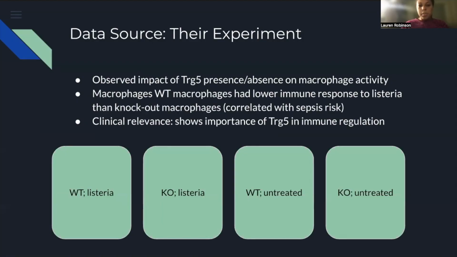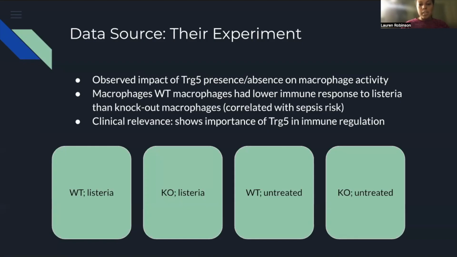So tying this to the experiment that I got my data from, scientists were observing the impact of a particular receptor called TRG5. They were observing its impact on macrophage activity, more specifically macrophage gene expression in relation to inflammation.